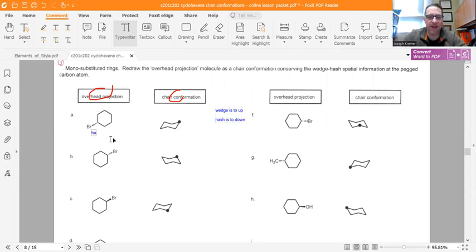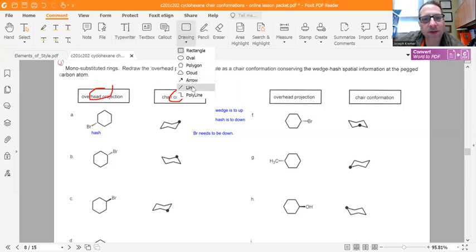So I have a hash. Somehow the bromine needs to be down. So we have to remember what we have about axial and equatorial. At this particular peg chip, the axial is straight up and the equatorial is partly down.